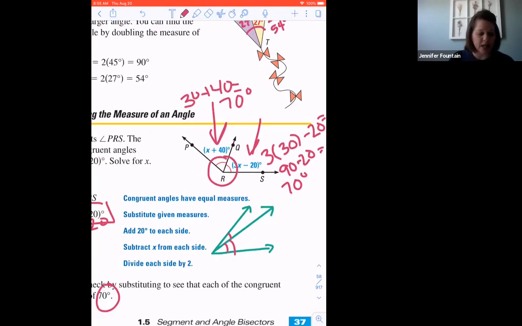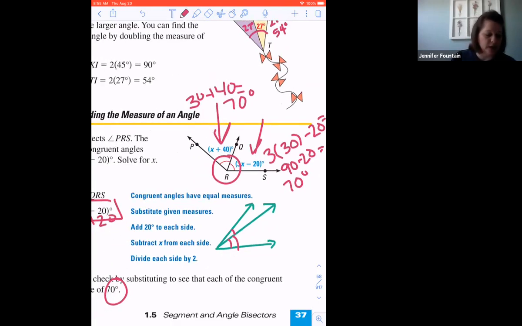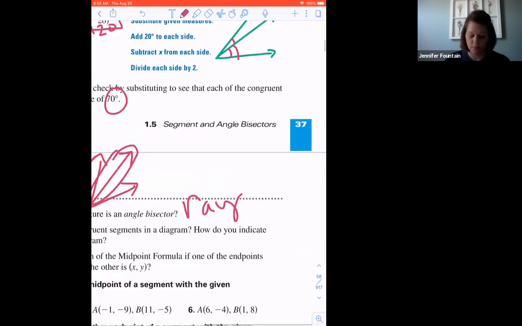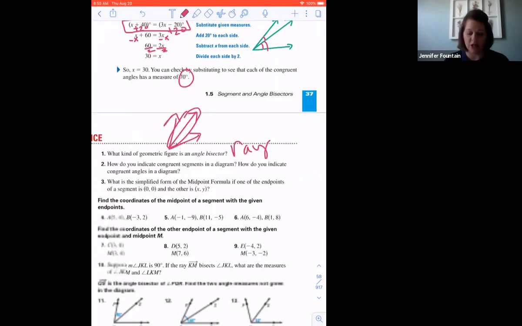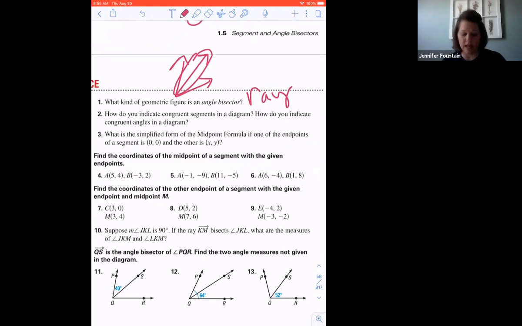So in number 2, how do you indicate congruent segments in a diagram? It's going to be those matching marks, okay? And then how do you indicate congruent angles? Oh, hold up. I just did the one for angles. The one that we just talked about with angles was the little swoops, okay?